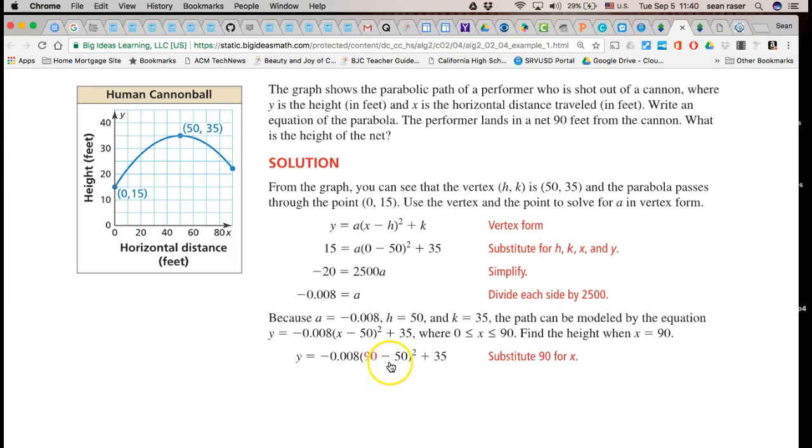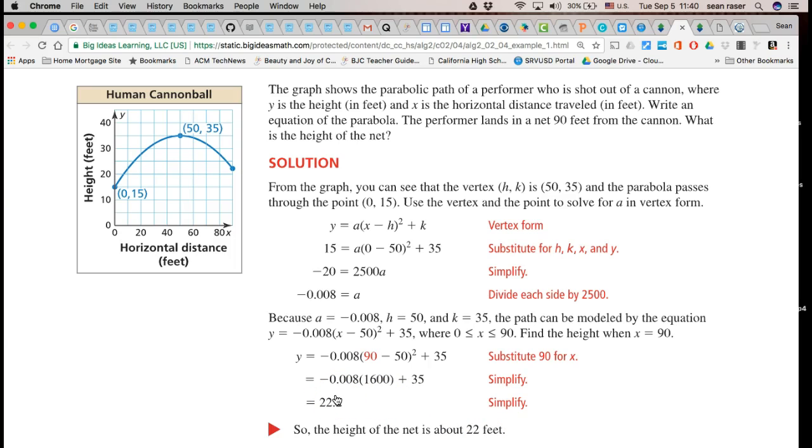Then you do exponents, so 40 squared is 1,600, and then 1,600 times negative 0.008. We multiply that out, and then we add 35, and we get 22.2. So what that means is that the height of our net at 90 feet, when the performer lands, is about 22 feet, so 22.2.